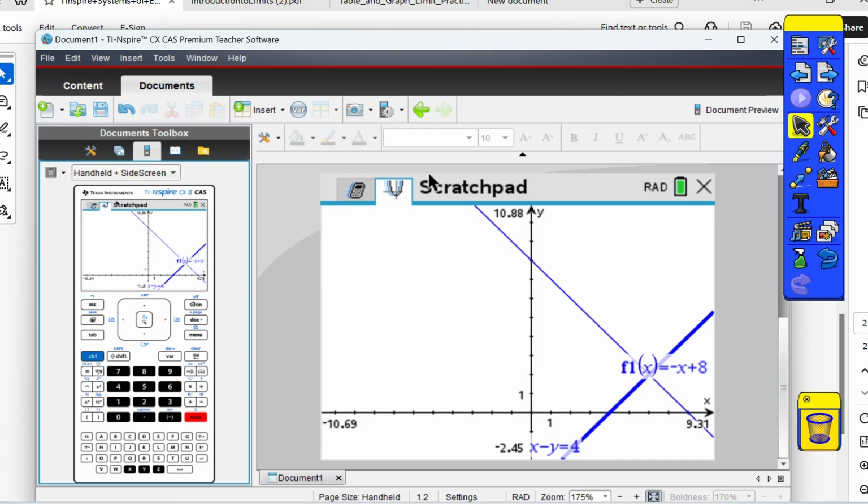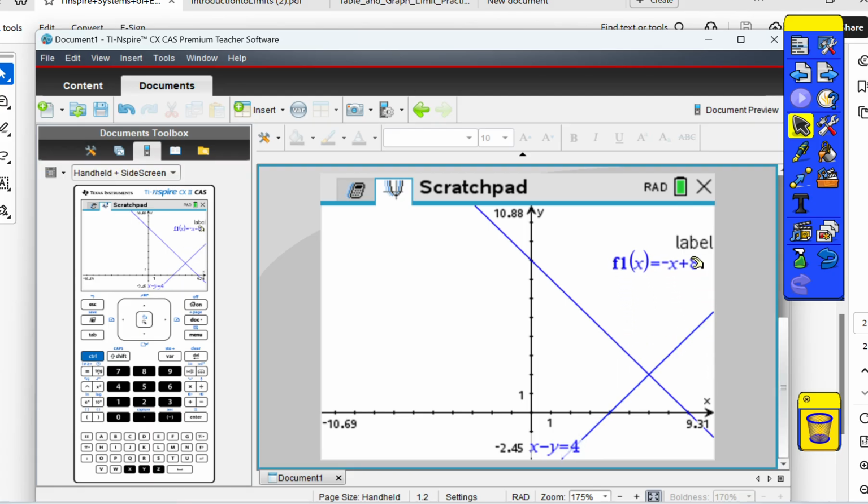Uh-oh, turn the AC off on us. Okay, now I want you guys to practice finding where they cross. Intersection? Yes. Menu, analyze, intersection.